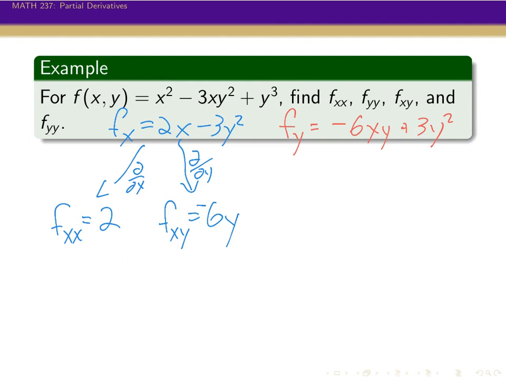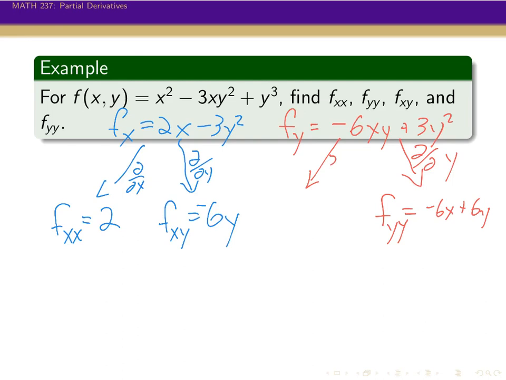Now over to f_y. I can do this 2 different ways. One way is to do the partial in terms of y, and that would give me f_yy. In this case, minus 6x is a constant times y, so I get minus 6x from that, plus the derivative of 3y squared, which gives me 6y.